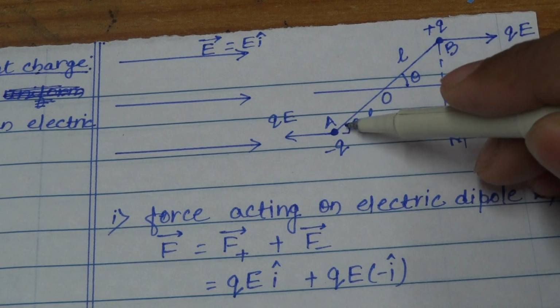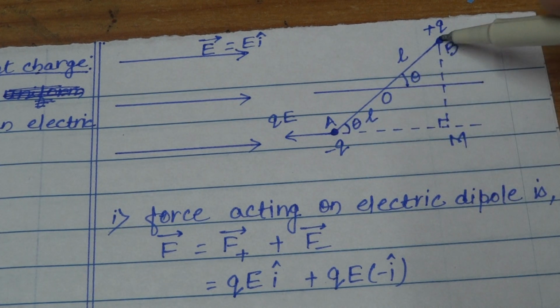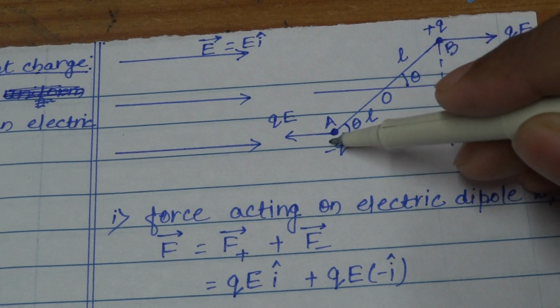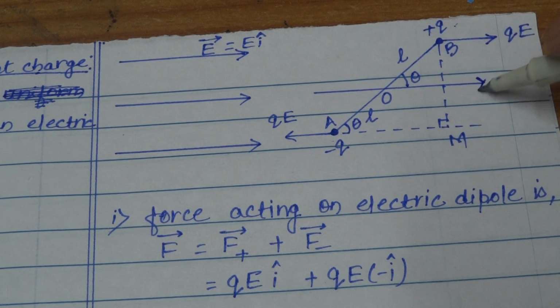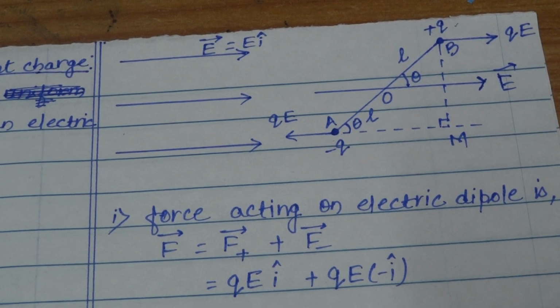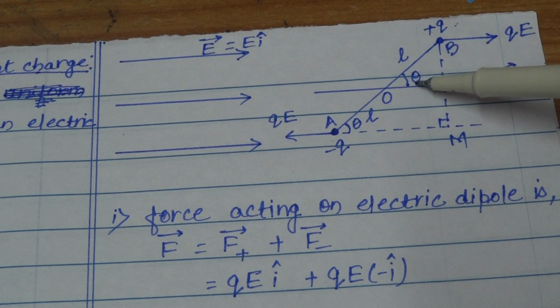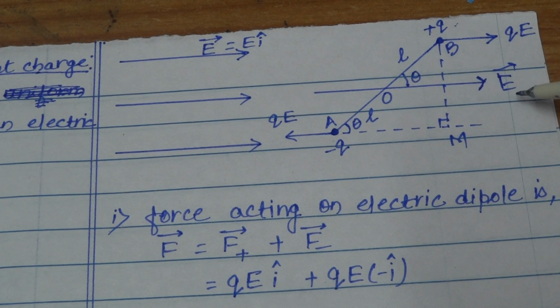So along this line we have the electric dipole moment. And this line makes an angle theta with the direction of electric field. So here the situation is that the electric dipole moment makes an angle theta with the direction of the uniform electric field.